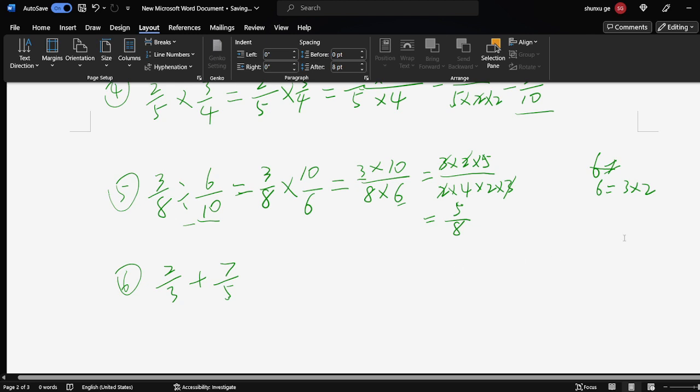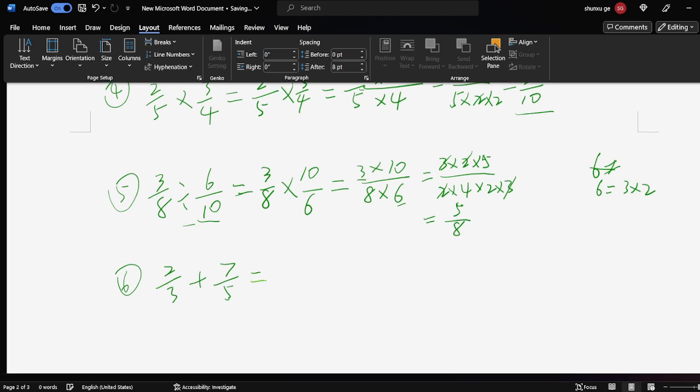Okay, the last question is here. This question is fraction addition. So we can write it there. The first step, we find that 7/5 is an improper fraction.